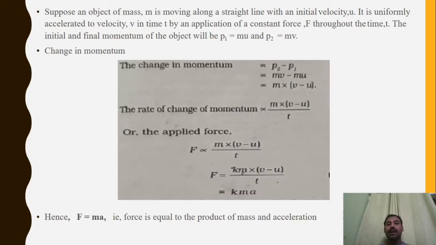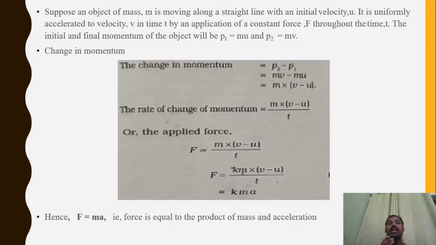Suppose an object of mass m is moving along a straight line with an initial velocity u. Then it is uniformly accelerated to a velocity v in time t by the application of a constant force F. That is, the final velocity is v in time t seconds.